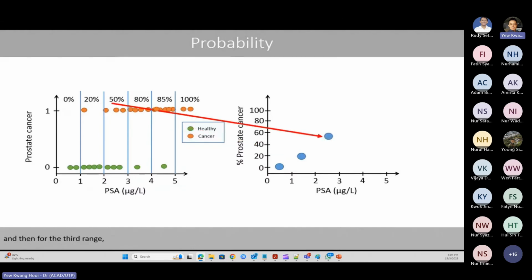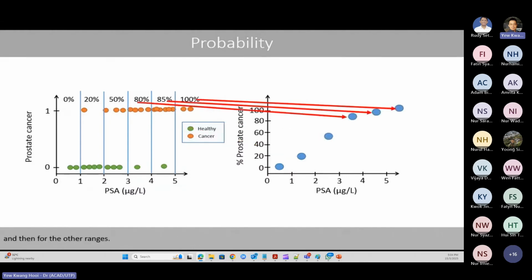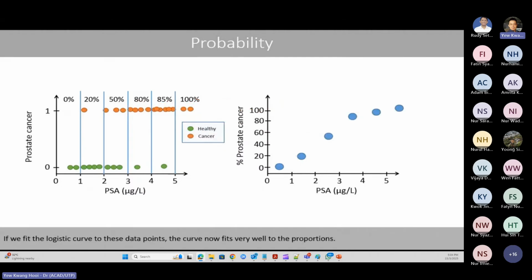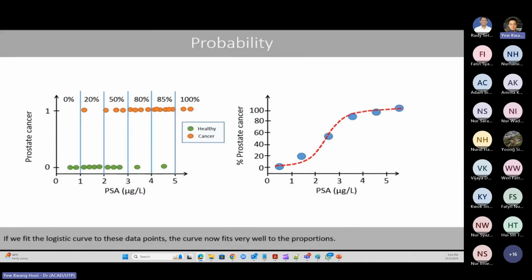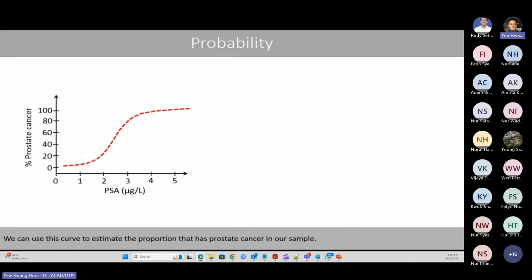And then we add the third range, and then the other ranges. If you fit the logistic curve to these data points, it looks like an S curve, right? The curve will fit very well to the proportions. We can use this curve to estimate the proportion that has prostate cancer in our sample.